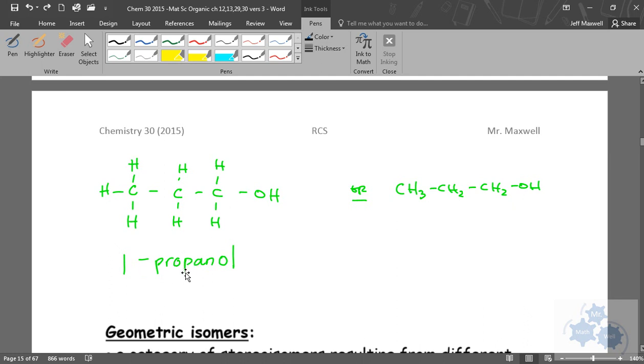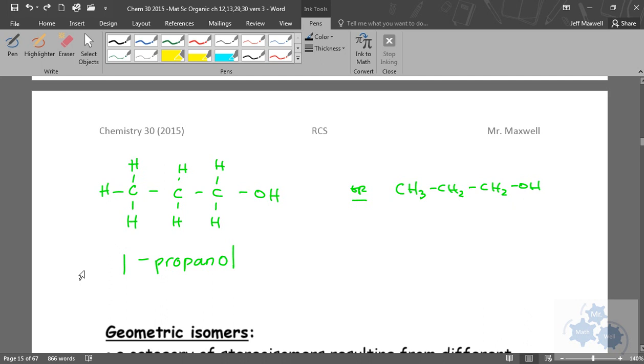Now, prop comes from the 3 carbons. The ol at the very end means there's an alcohol group. So the name of this one is propanol. And the reason why it's 1-propanol is because it's attached to the first carbon. The other isomer that could exist would be 2-propanol. We would not have a 3-propanol though, because that would be the same as 1-propanol.